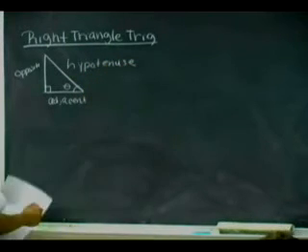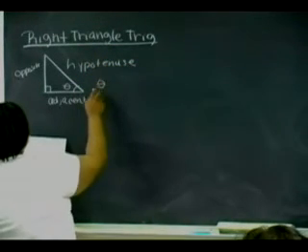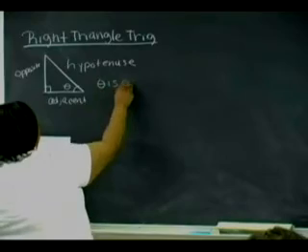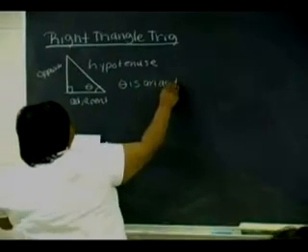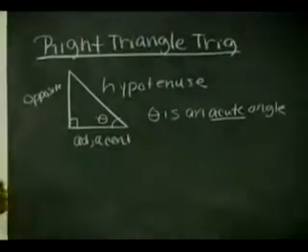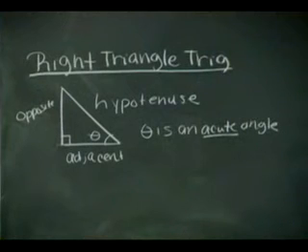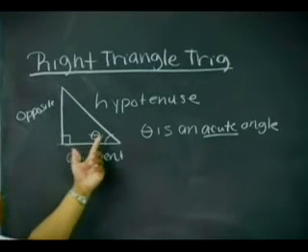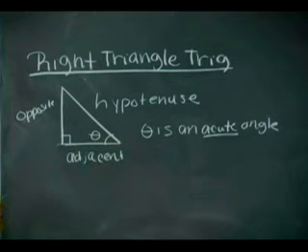Okay? And here, we need to mention that theta is an acute angle. What does acute mean? Less than 90. Between 0 and 90 degrees, acute angle. So, based on knowing that this is our theta, we can find sine theta.